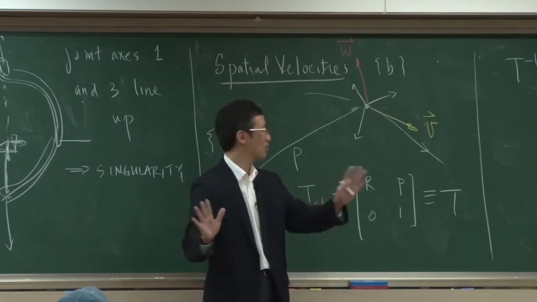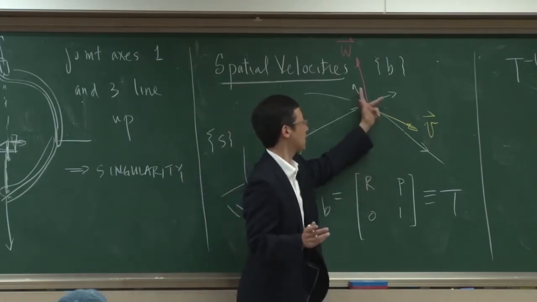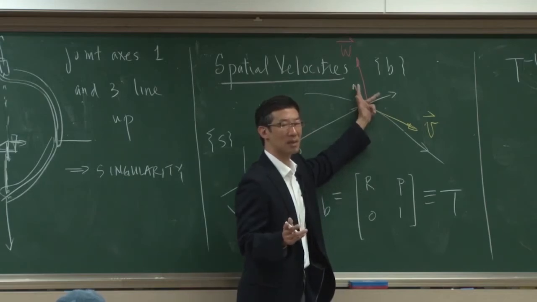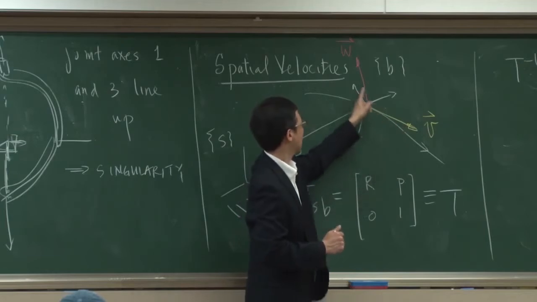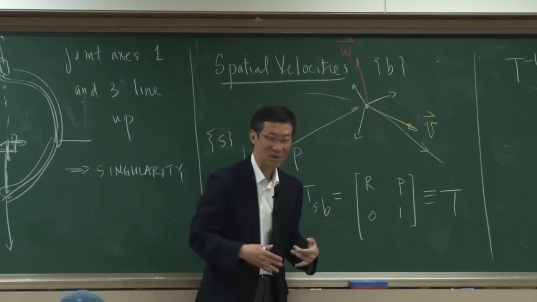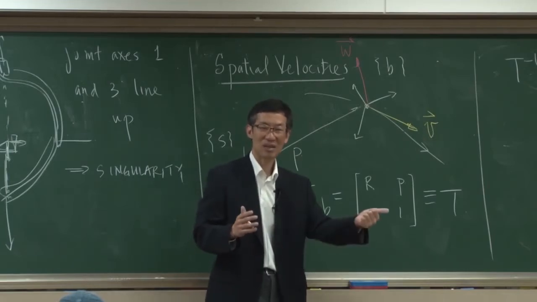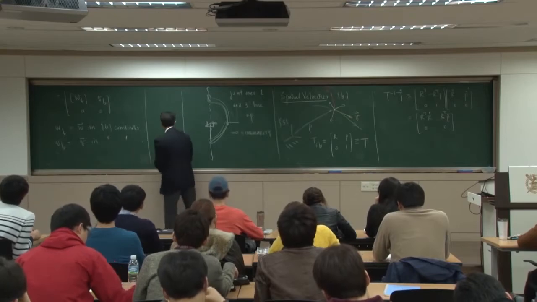No, that's not what this means. It's the linear velocity expressed in this frame. I'll take a snapshot and write down this vector using this frame's coordinates. That's all it means. It doesn't mean you're standing at B looking at yourself and measuring your velocity. All right, so this is good.